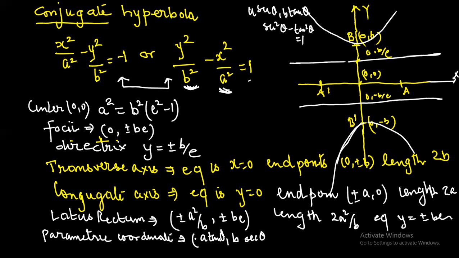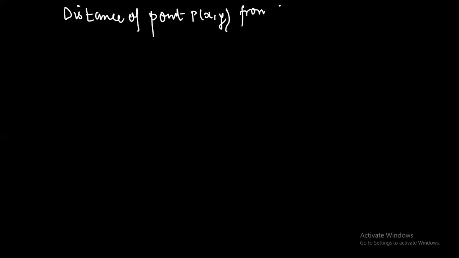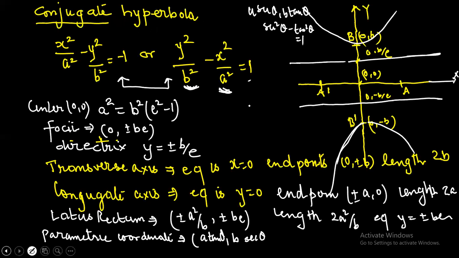Now we have to calculate the distance of point P(x, y) from the foci. If we are taking this point and measuring from the foci, then we have to consider it from the directrix.